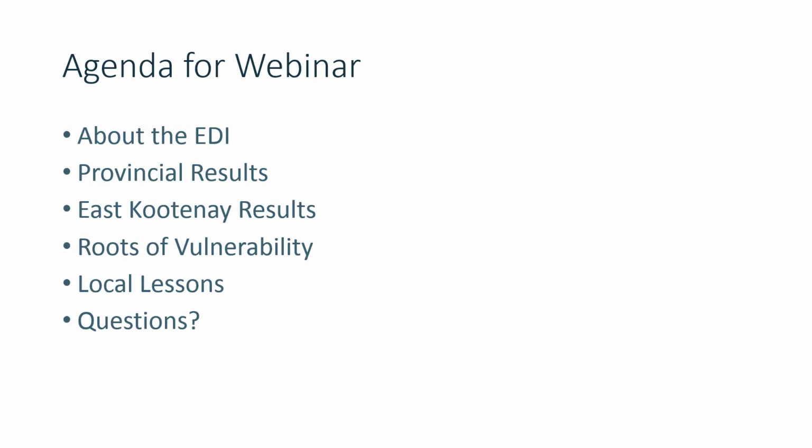So just briefly, this is what we're hoping to cover this morning. I'm going to give you a little bit of background. I suspect that most of you are quite familiar with the EDI, but I always want to make sure that people know about the EDI and how it's administered and how it's analyzed.